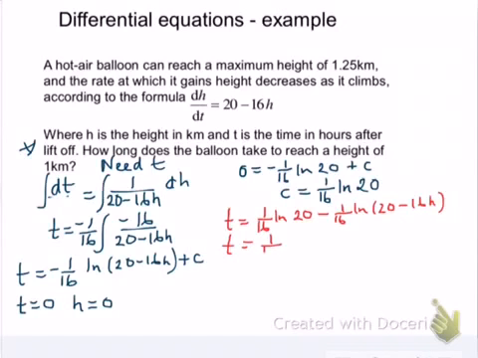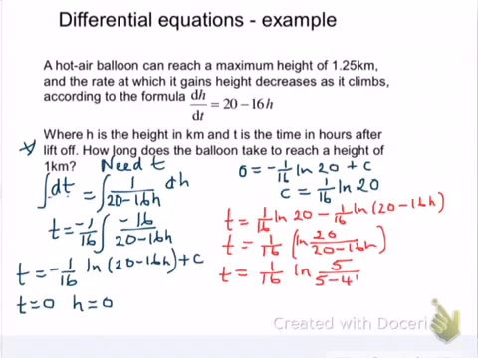I've got 1/16, and using my log laws, I can therefore say it's ln of 20 over (20 minus 16h). And this bracket here, I can simplify to give me ln of 5 over (5 minus 4h).